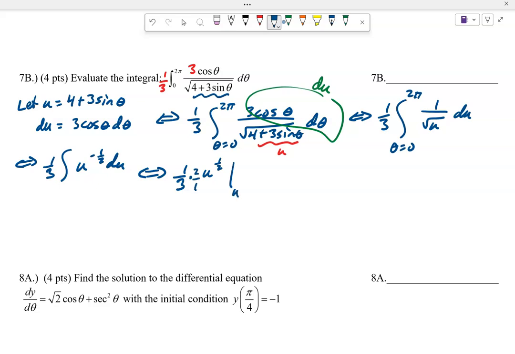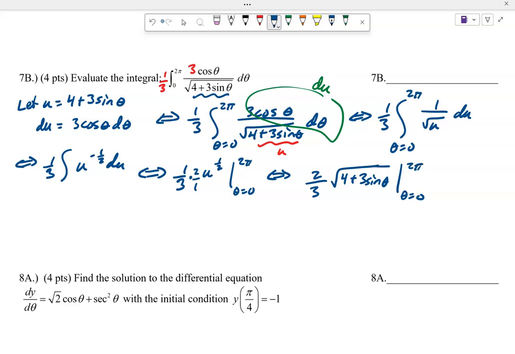Remember, this is from theta being 0 to 2 pi. So let's go ahead and we have 2/3 u to the 1/2. Our u here is, what is it, 4 plus 3 sine theta, to the 1/2 there, from theta being 0 to 2 pi.